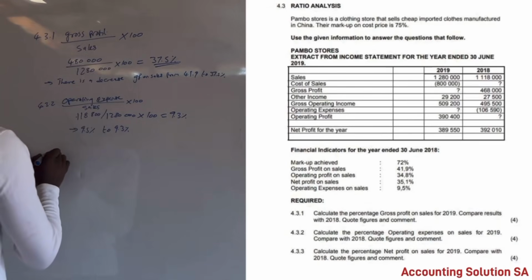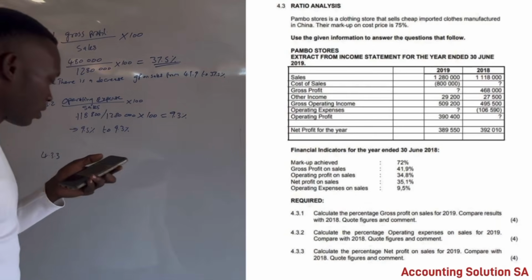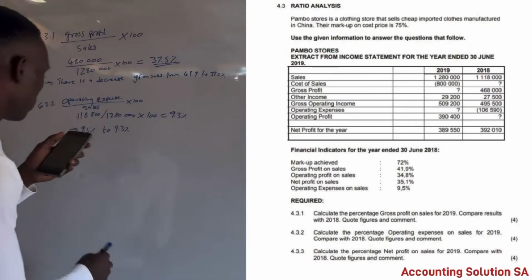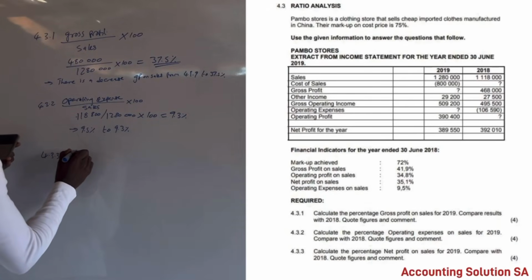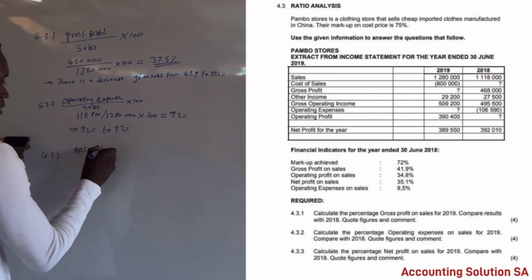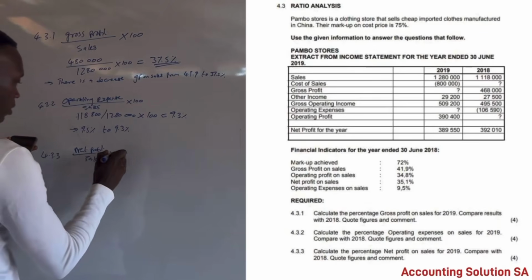Okay, and the next one, 4.3.3, net profit on sales. That's what we are going to calculate. We're going to take our net profit divided by sales, multiply by 100.